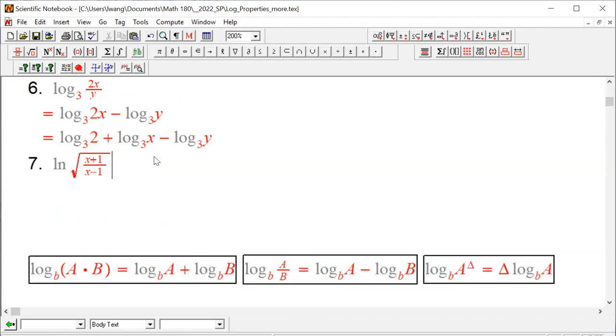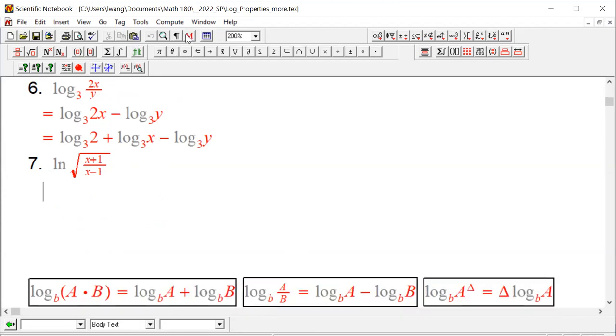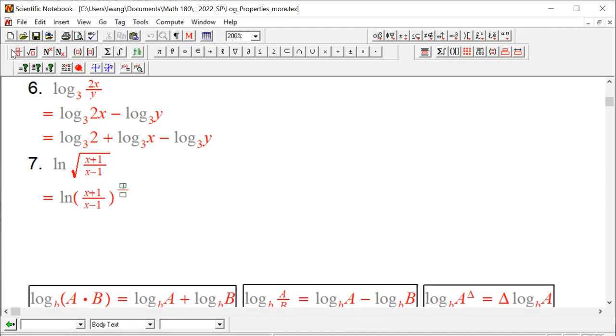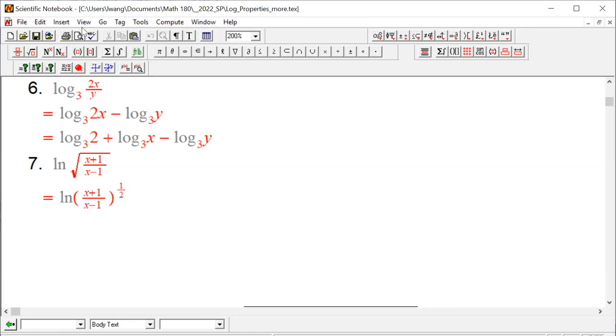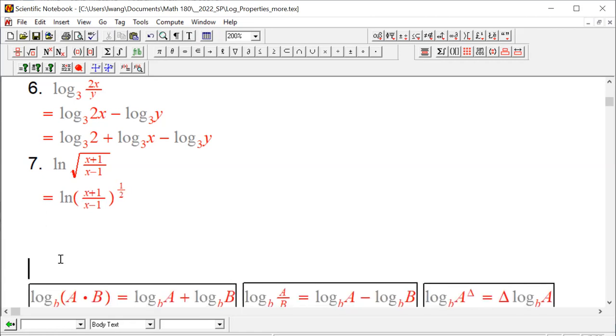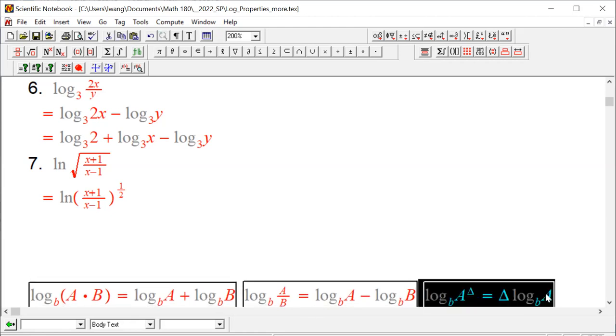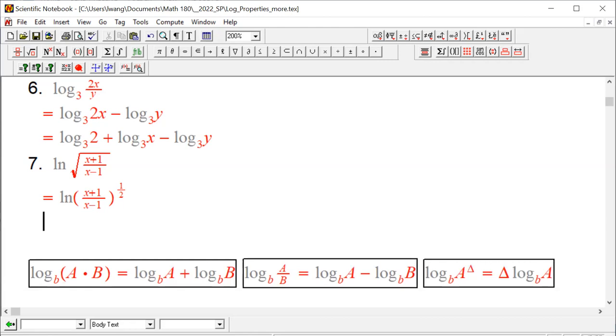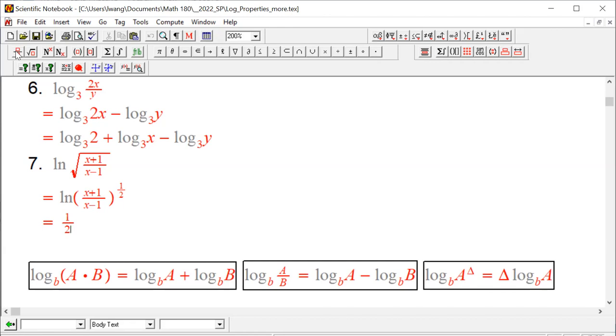First, of course, we have that power. We have ln, and inside the radical we take the power of half. By the power rule, it equals half of ln of x plus 1 over x minus 1.